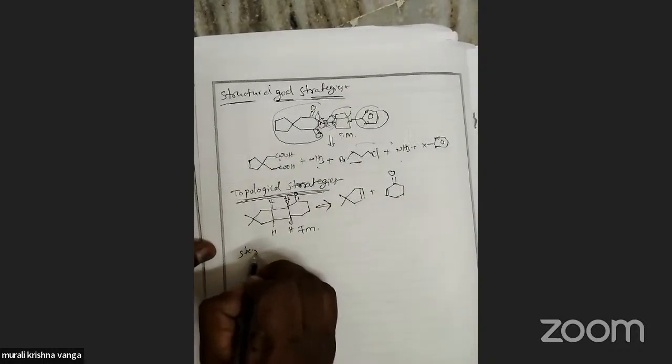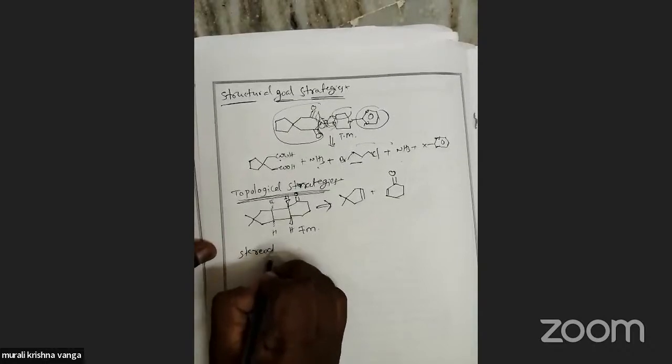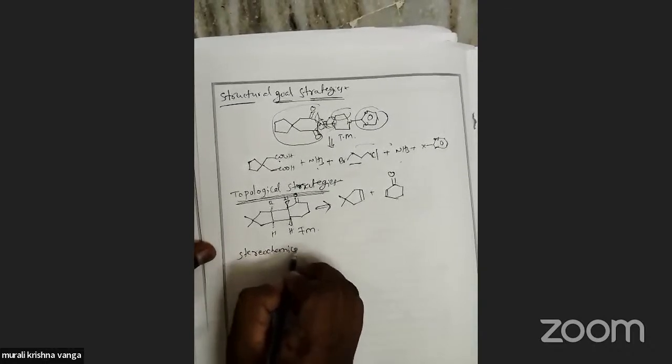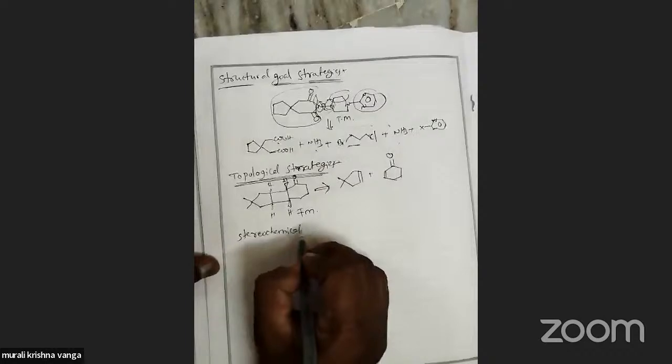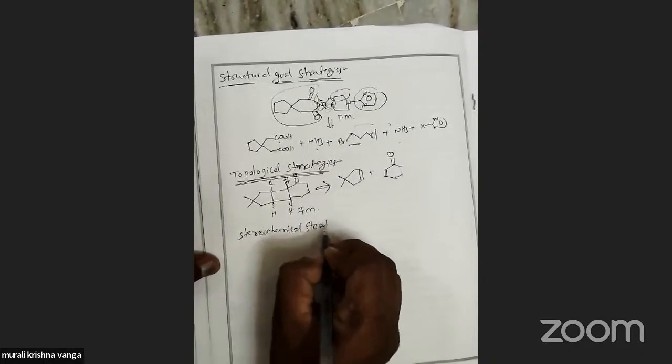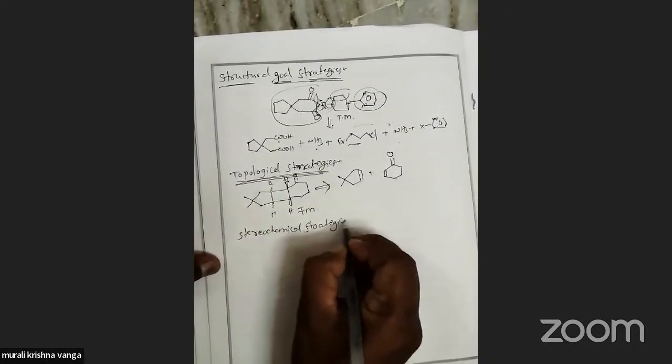Next, stereochemical strategies. Stereochemical strategies are mainly aimed at the reduction of stereochemical complexity in the molecule.